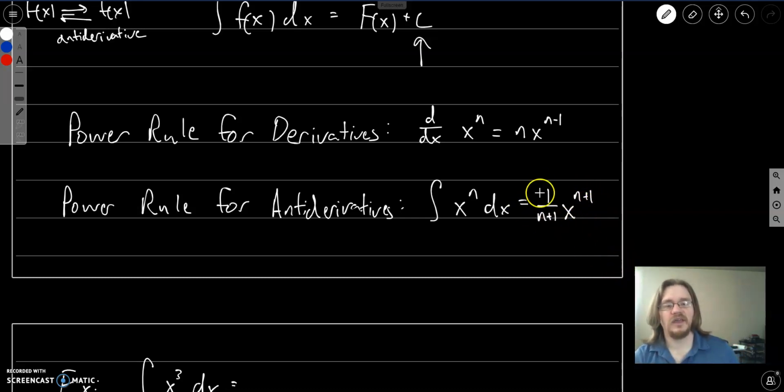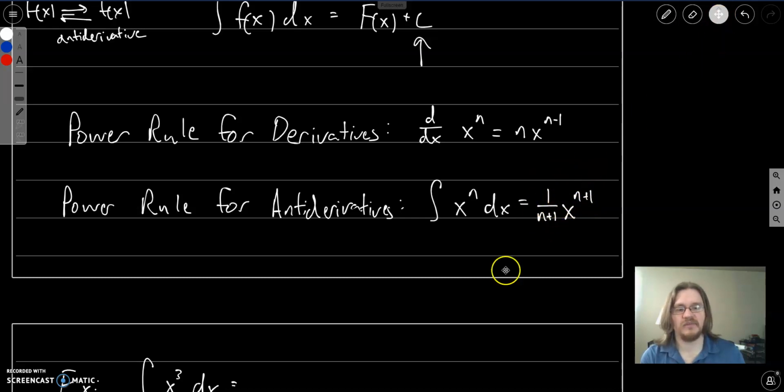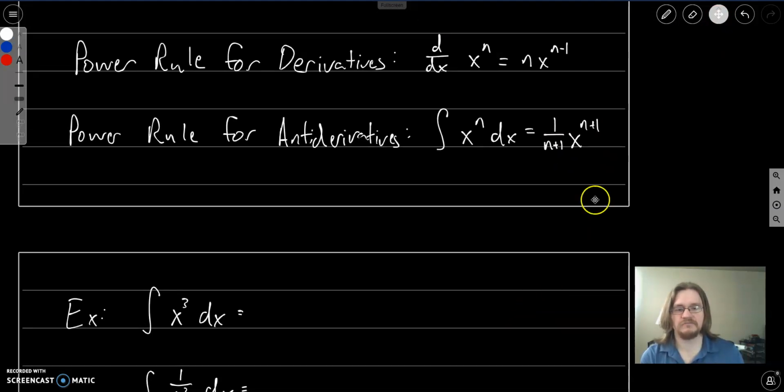So we have 1 over n plus 1 times x to the n plus 1 power. And let's do some examples of this. So again, we raise it to the 1 bigger power first, and then divide by that power.